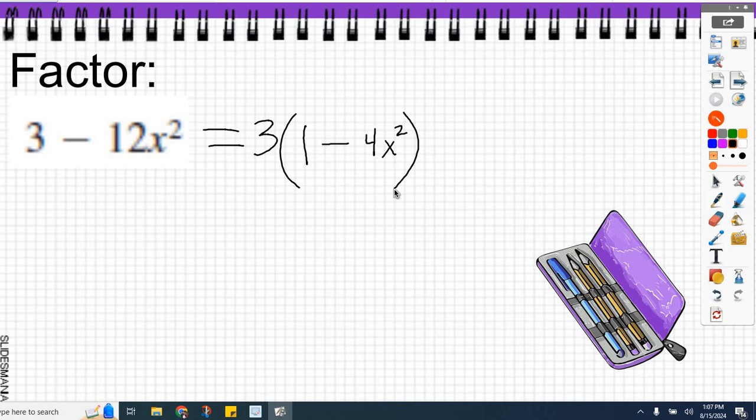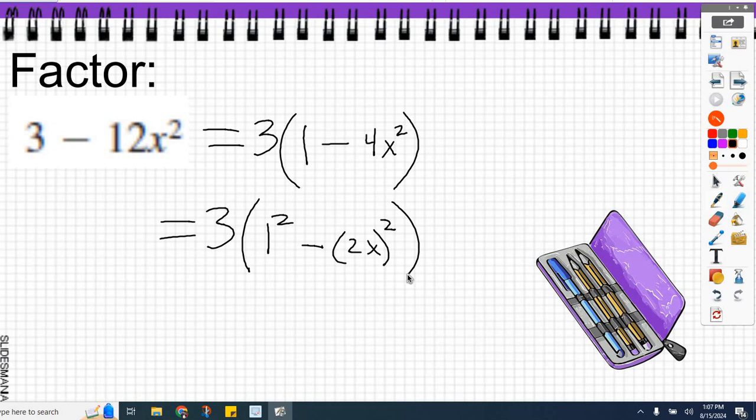Is it any type of special binomial? It's also quadratic. It is a difference of squares. So notice that 1 and 4 are both perfect squares, because 1 times 1 is 1, 2 times 2 is 4. Okay, so we could actually rewrite this as 1 squared minus 2x squared.